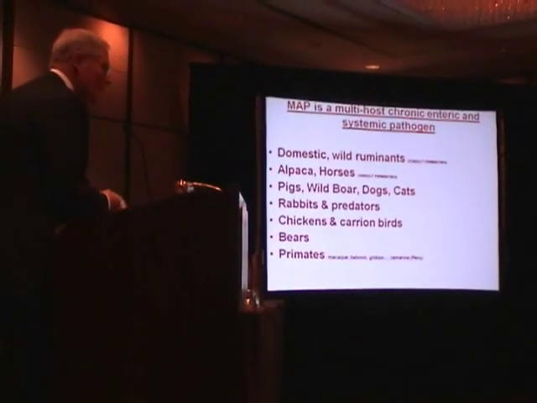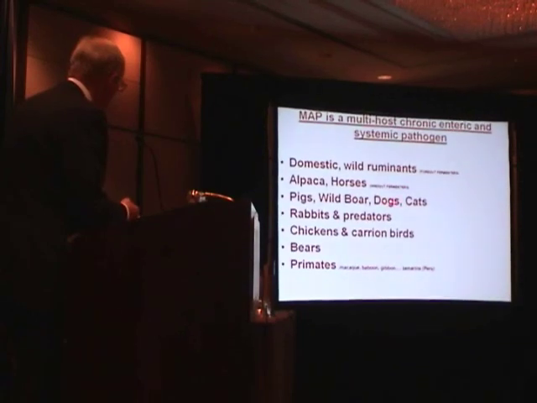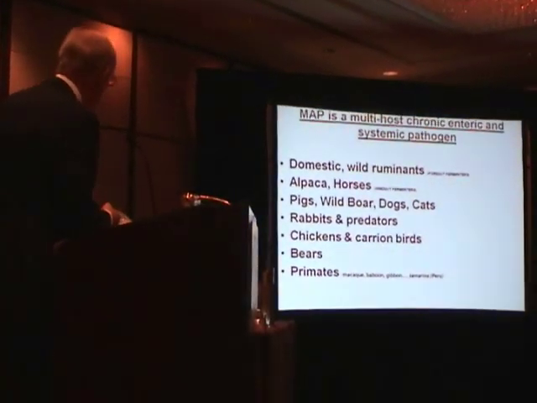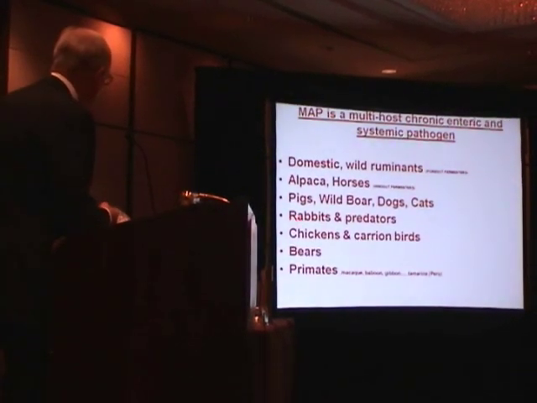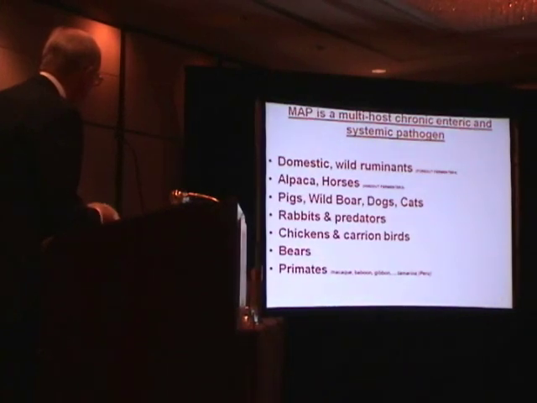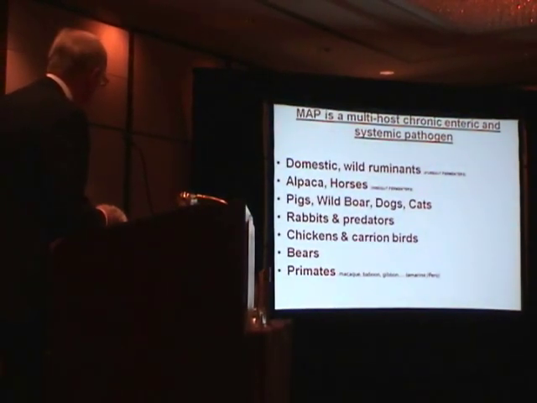Alpaca and horses are examples of hindgut fermenters. Monogastrics, such as pigs, wild boar, dogs and cats, can all get chronic inflammation of the intestine. So can rabbits and their predators, including insects, chickens and carrion birds. I picked a wild one here, and bears.